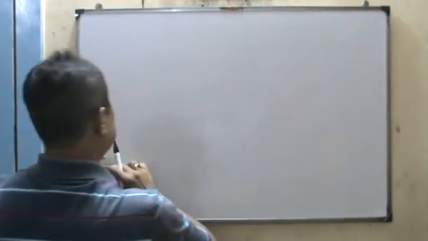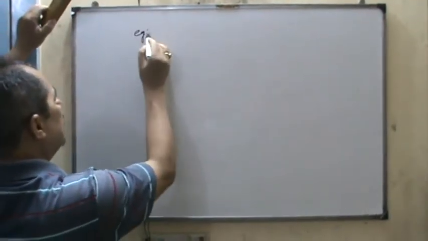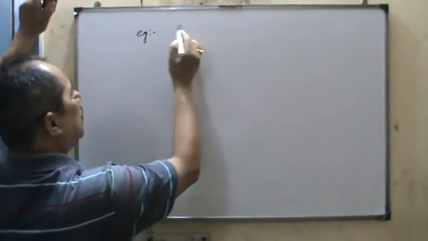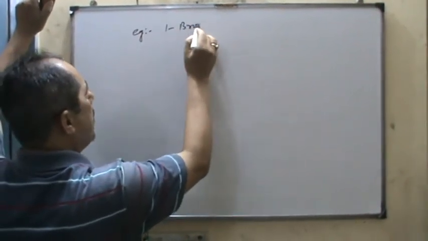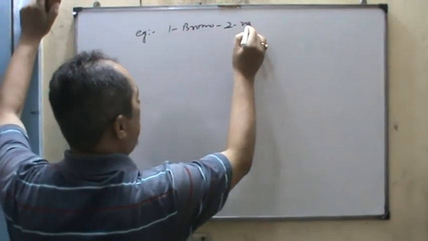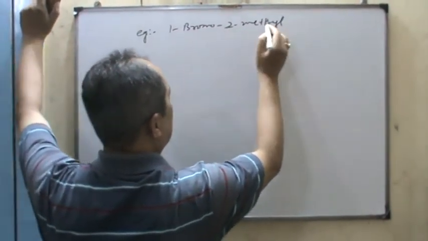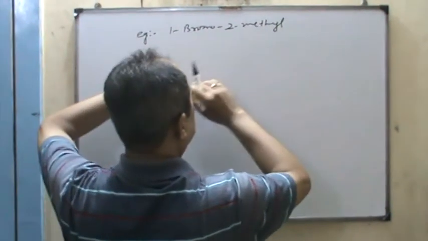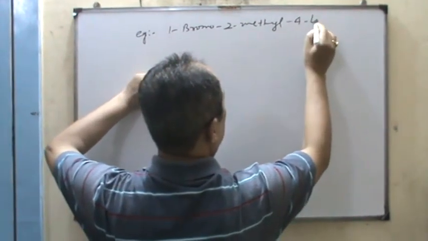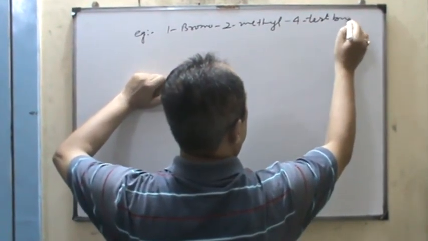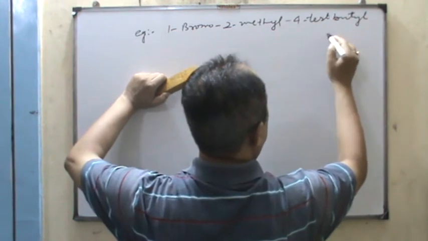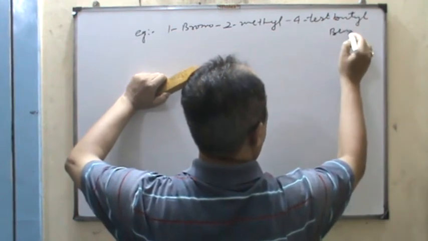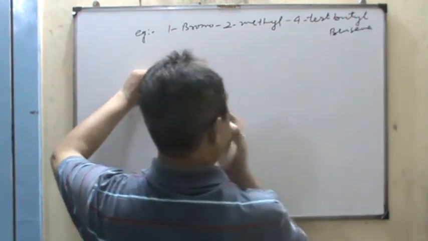See, if I give you a question: draw the structure of 1-bromo-2-methyl-4-tertiary butyl benzene.